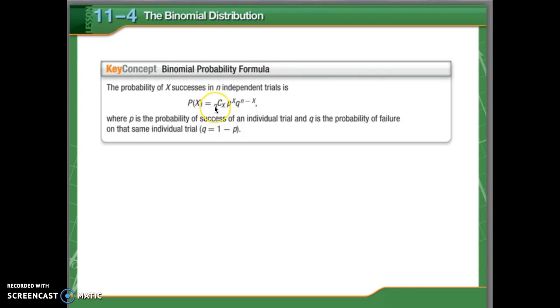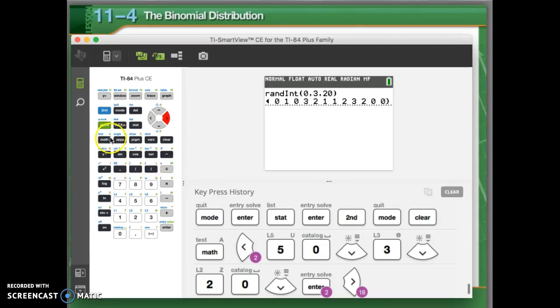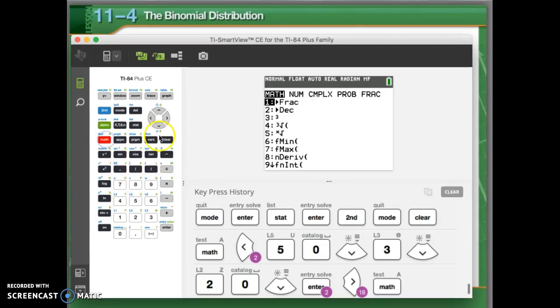And this would be 20 combination 6. And that's a command on the calculator. Let me show you what that looks like. Math, probability menu, right here, number 3. It's NCR.